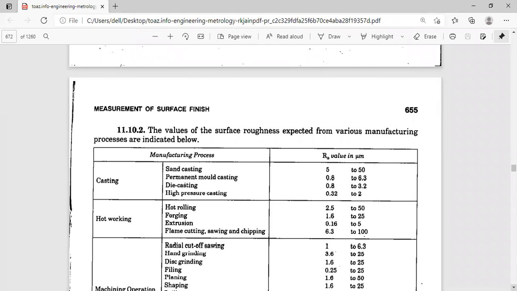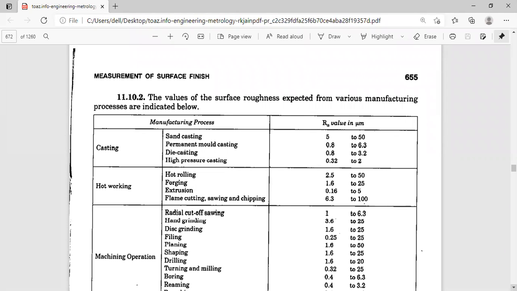Like that we can give the Ra values for the different metal working processes. In hot working, we have hot rolling, forging, extrusion, flame cutting, sawing, and chipping. So we can apply the surface finish like that also. Hot rolling is 2.5 to 50.